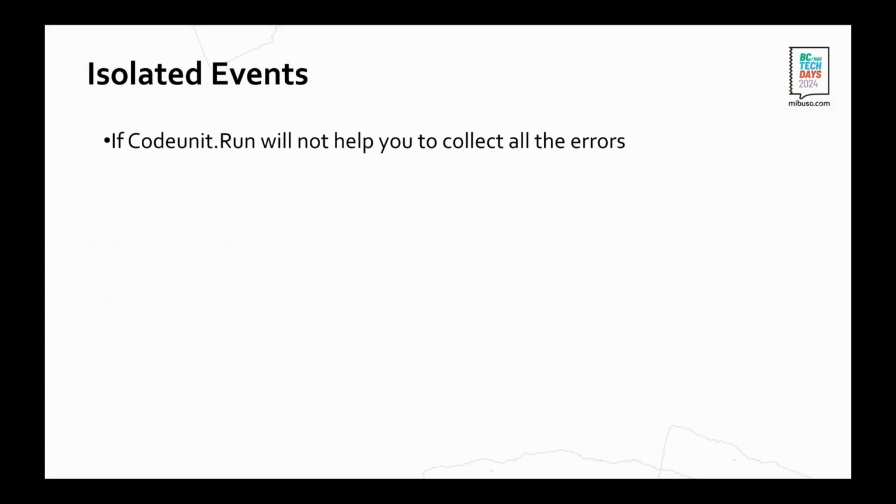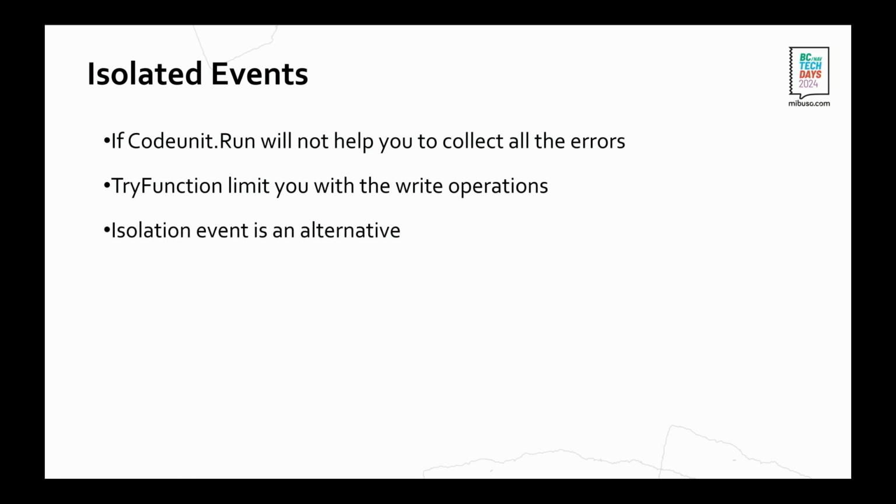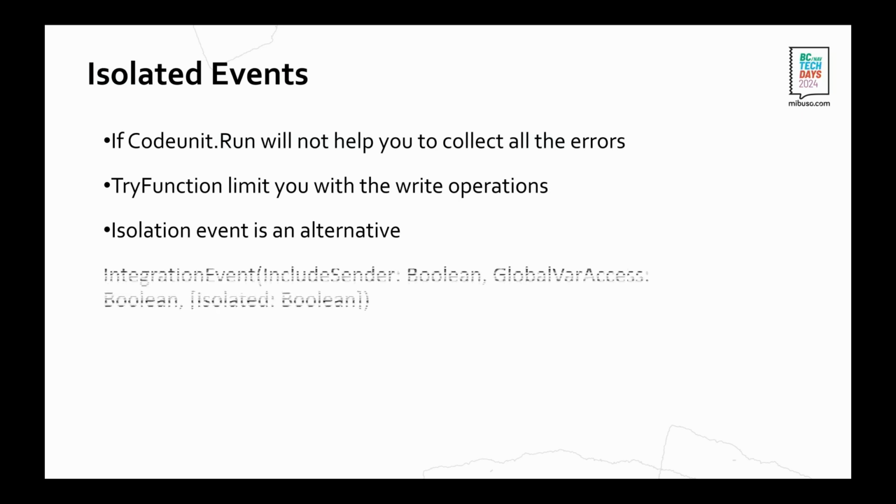So, again, in the old days we had if codeunit.run. That's good for trying something out and swallowing the errors, so to speak, but it cannot collect all the errors that you are getting. We got try function, fantastic, but there's a limitation with the write operation. Now we have got isolated event, love it, and it's just another property when you subscribe.